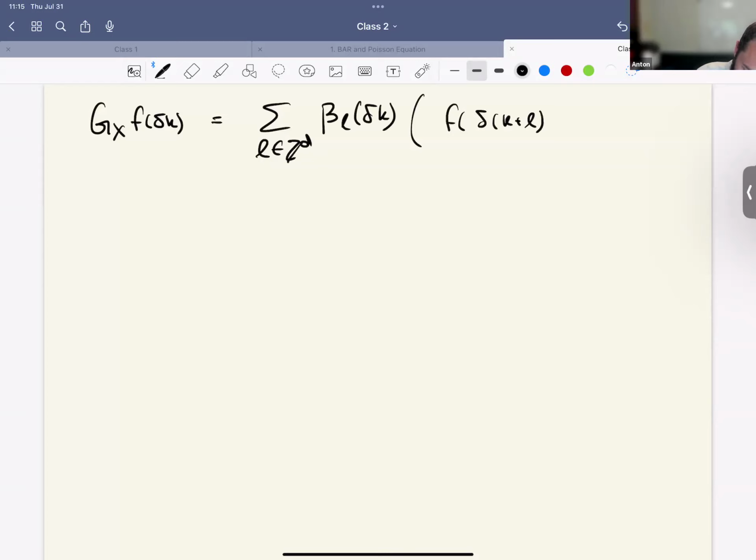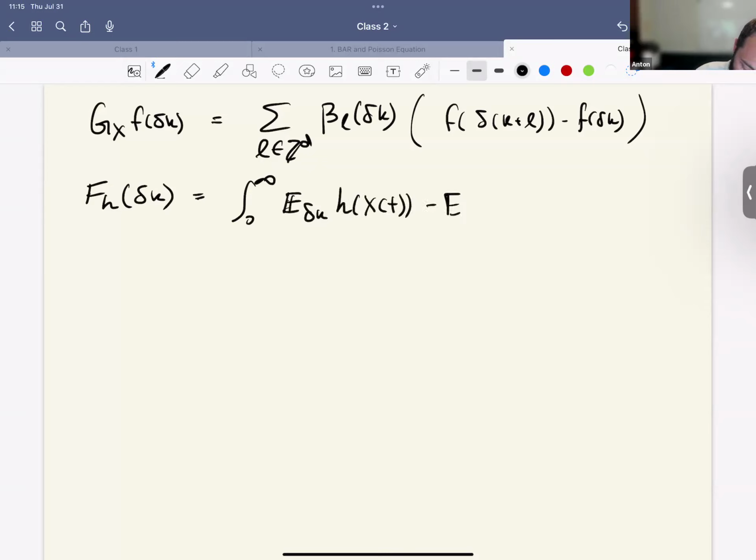So remember the generator. This is the sum over all displacement vectors, beta L delta K, f of delta K plus L minus f of delta K. The potential function, integral from 0 to infinity, delta K H minus the steady state.